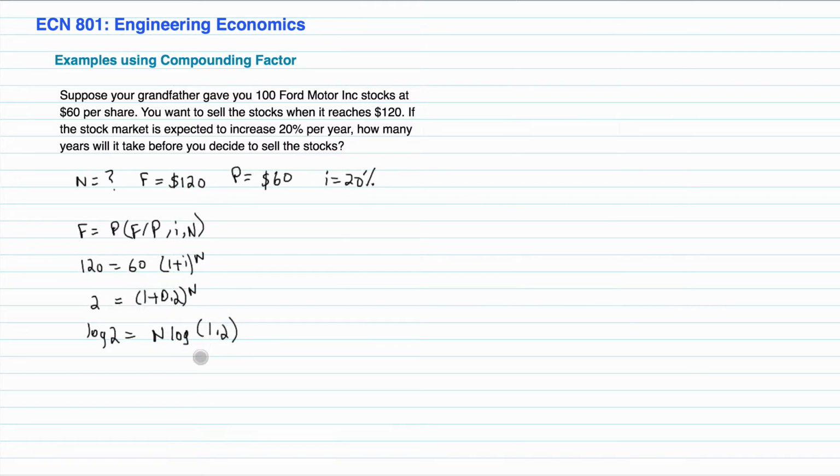Now n is equal to log 2 divided by log 1.2, and that gives us a value of 3.8 years. If you want to round it off, you can say 4 years. So that's how we find n.